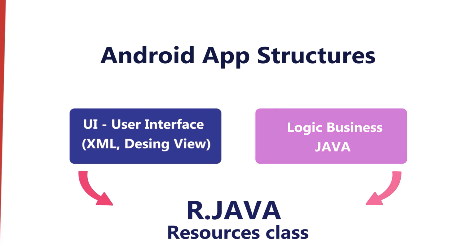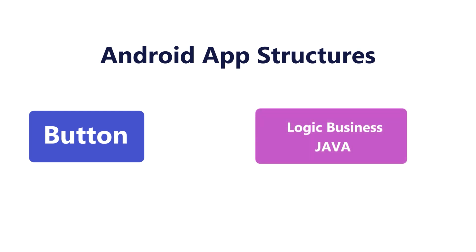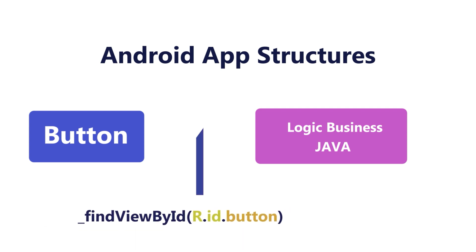All right. So continuing, imagine that we have a button. When we create a button, we saw in our first application, we created a button. The idea is that when we click this button, we want something to happen. Well, we need to connect that button to our logic business, right? Our Java part of things. And we did that. And how did we do that? Well, we use this findViewById.